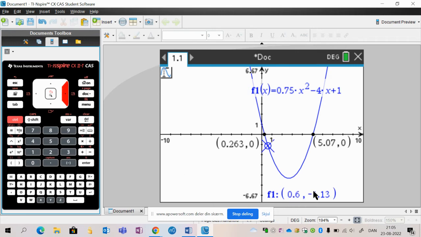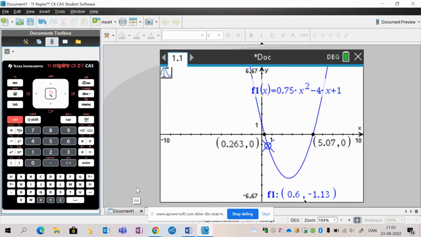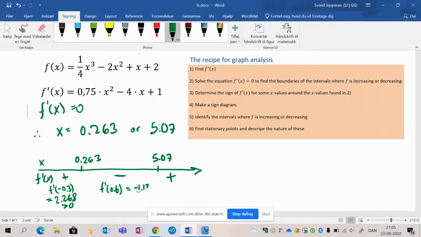When x is 0.6, you get negative 1.13. So you can type that in here: f dashed of 0.6 is negative 1.13, which is smaller than 0, so therefore negative.